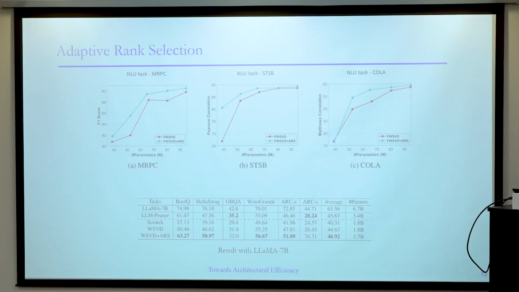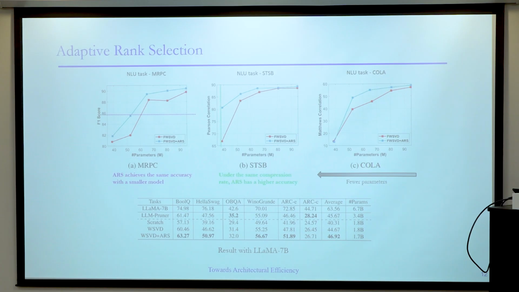In this figure and table, we show the performance of our method compared to other baseline methods. FWSVD is a previous state-of-the-art method for language model compression using singular value decomposition. A very straightforward observation is that under the same compression rate, our method, called adaptive rank selection, has a higher accuracy. Our method also achieved the same accuracy with a smaller model.